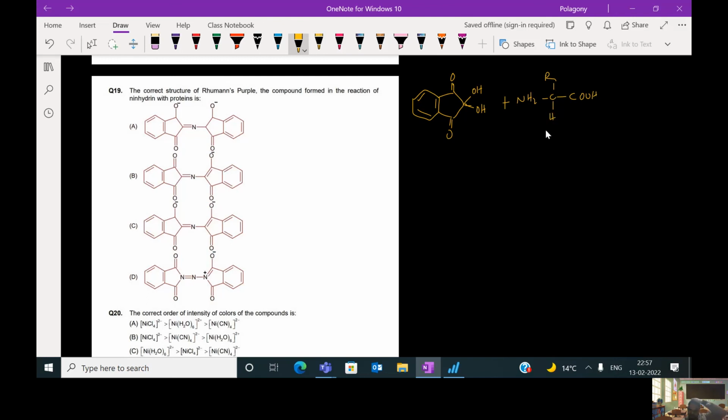This is that amino acid. Water is removed. When water is removed, the nitrogen connects to this carbon. It is a condensation process.